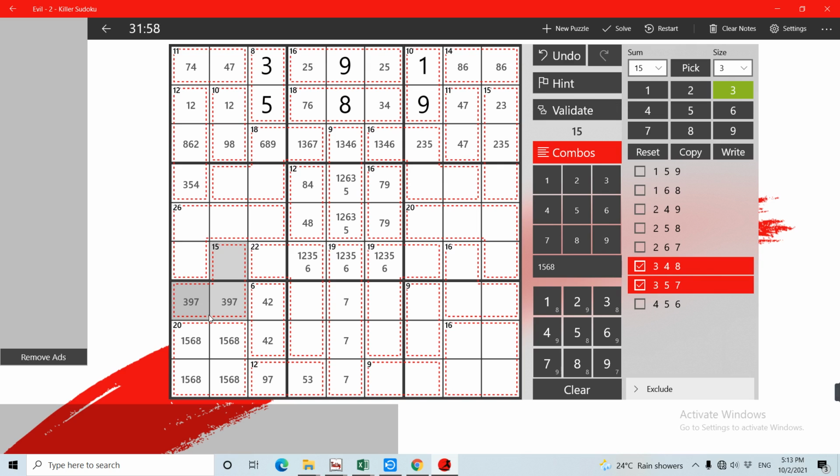We cannot have 8 here. And we cannot have a 4 here. That means this is wrong. And 3, 5, 7.